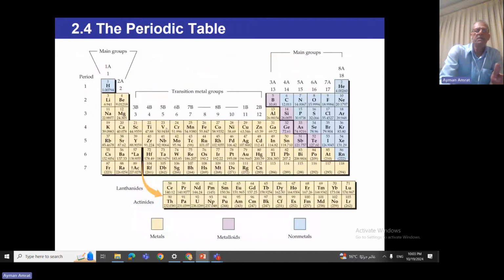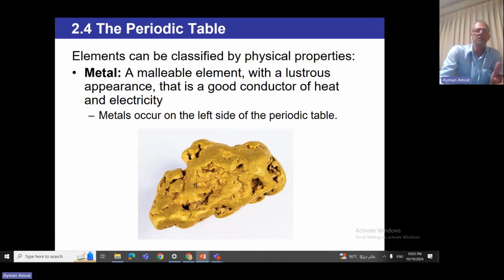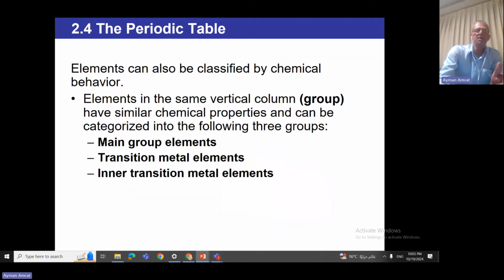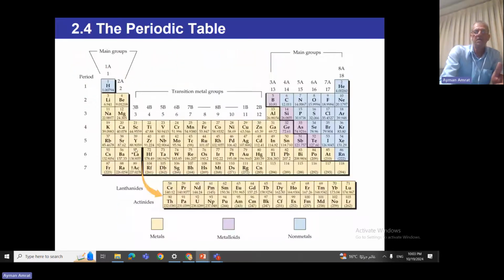These are transition metals, and the third class, below the periodic table, is called inner transition metals: the lanthanides and actinides. These two rows, lanthanides and actinides, are called inner transition metal elements.